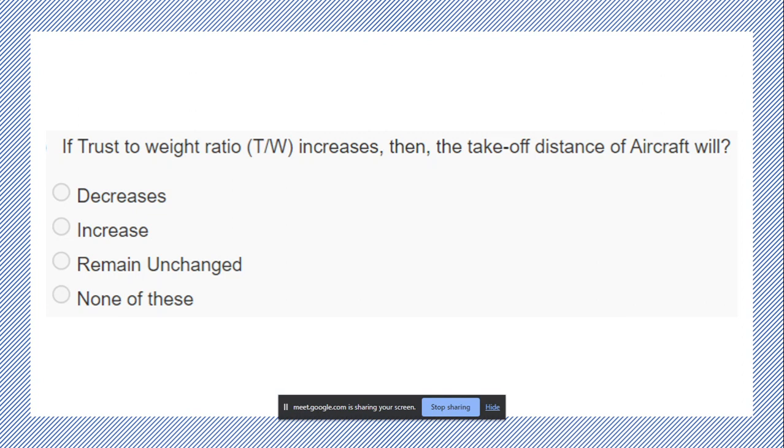If thrust to weight ratio increases, then the takeoff distance of the aircraft, will it decrease, increase, remain unchanged, or none of these? Okay, so let's try to answer this question. Takeoff distance.